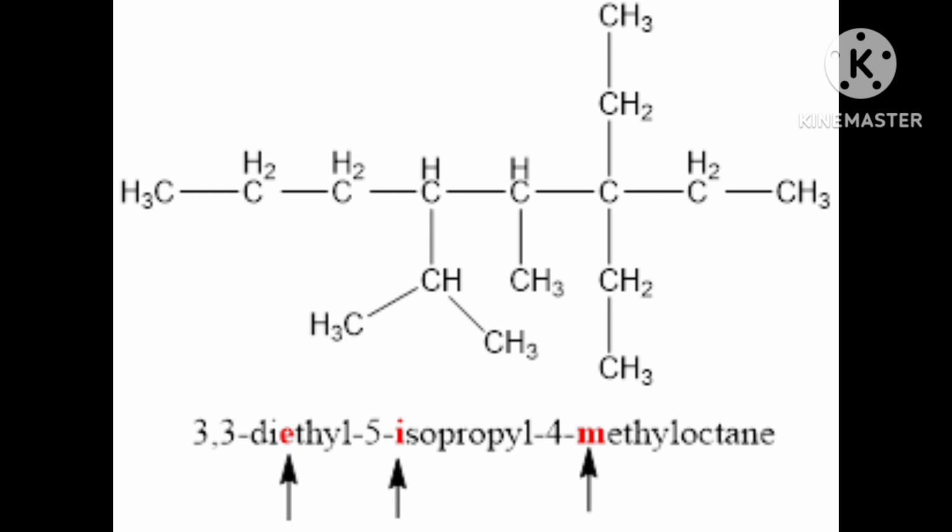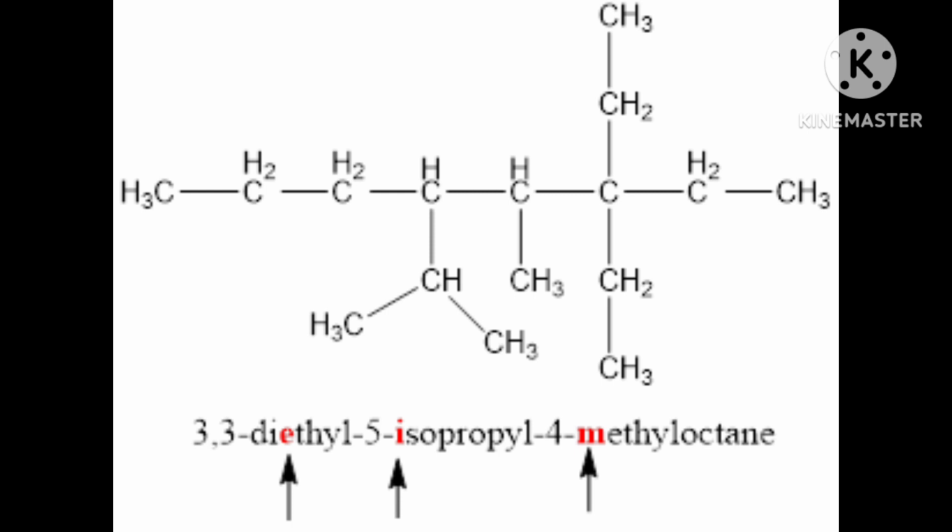Similarly, now the third isomer. If you write it, suppose the open valence is at carbon 3. Then the OH group attaches at carbon number 3.